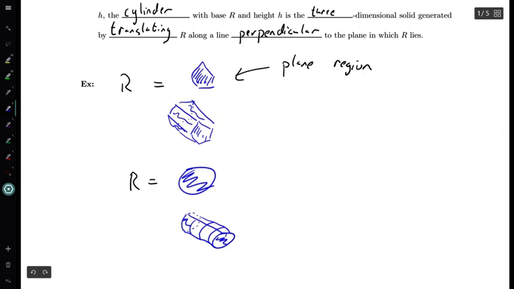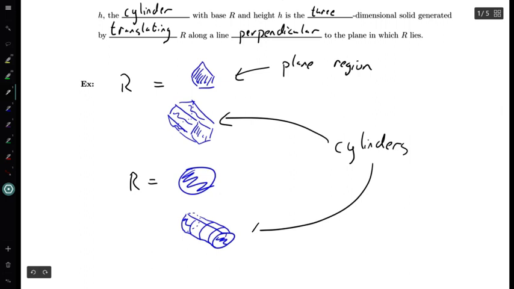So we are using the word cylinder more generally, because we are calling both of these things cylinders. What does h mean? Well, h means the distance that we translated it. So in this case, it's the distance from one face to the other.